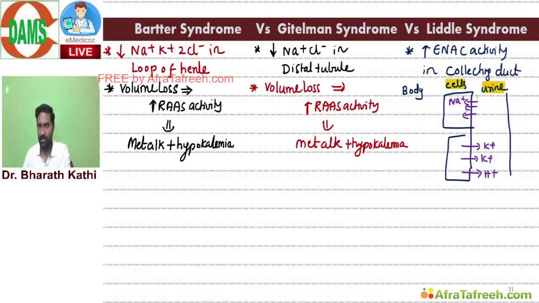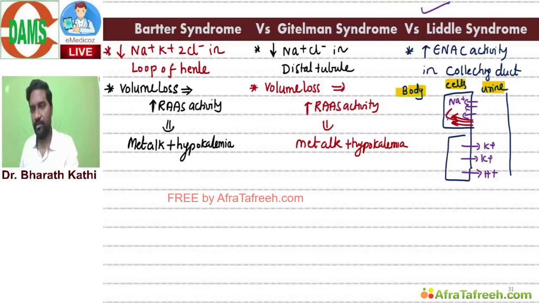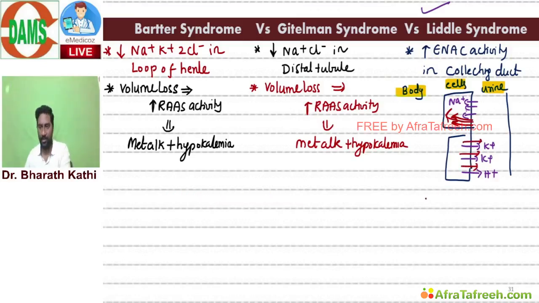So from the urine, if 3 sodium are reabsorbed, what will be lost from the body? K plus and H plus. Now what happens in Liddle syndrome? There is excess ENaC activity. Now instead of 3 sodium, 6 sodium will be taken into the body. For whatever excess sodium is taken, excess K plus and excess H plus will be lost. Because H plus is lost, it is metabolic alkalosis. Excess H plus is lost. K plus is also lost.